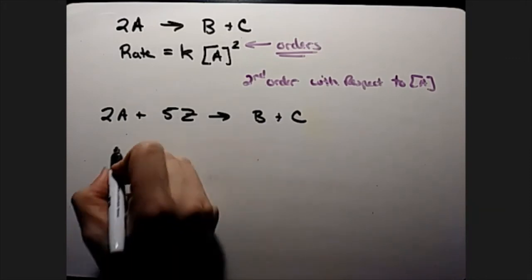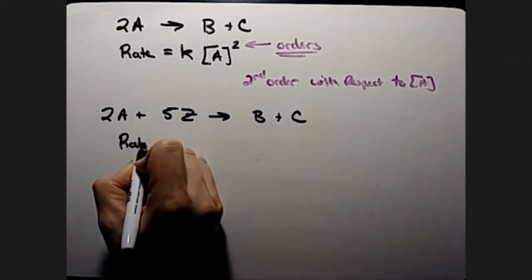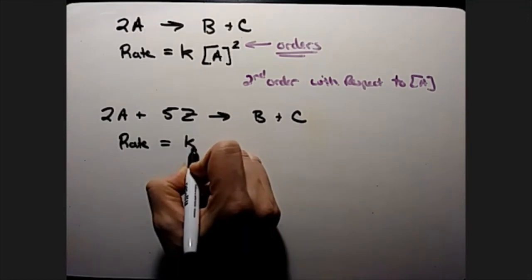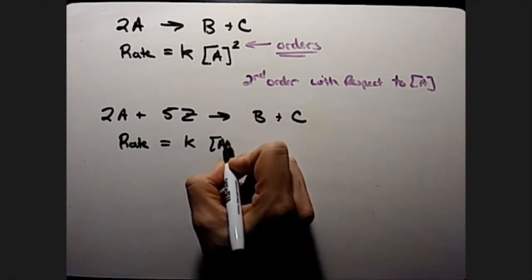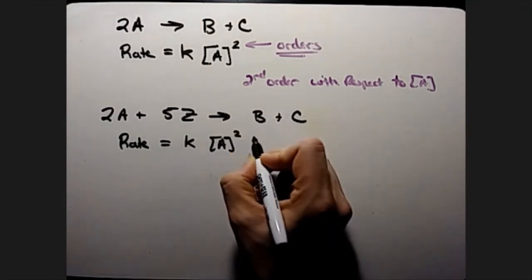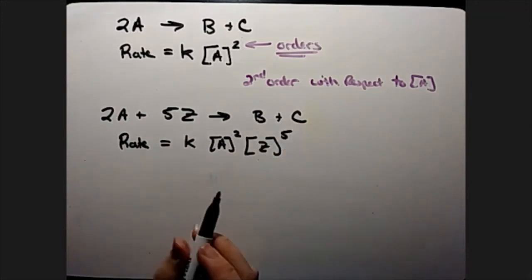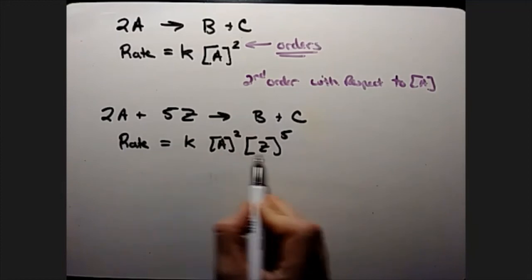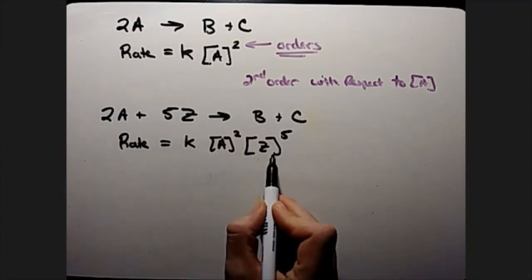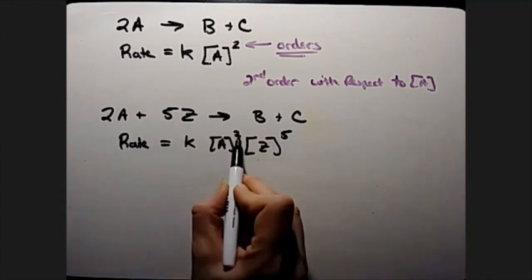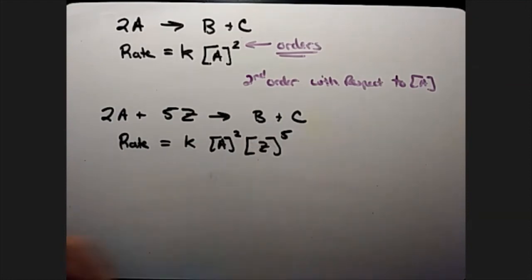Well, then I would write this reaction out as rate equals K times the concentration of A squared times the concentration of Z to the fifth. So everything is going to be multiplied together. There's no adding here. And the coefficients simply become the orders.